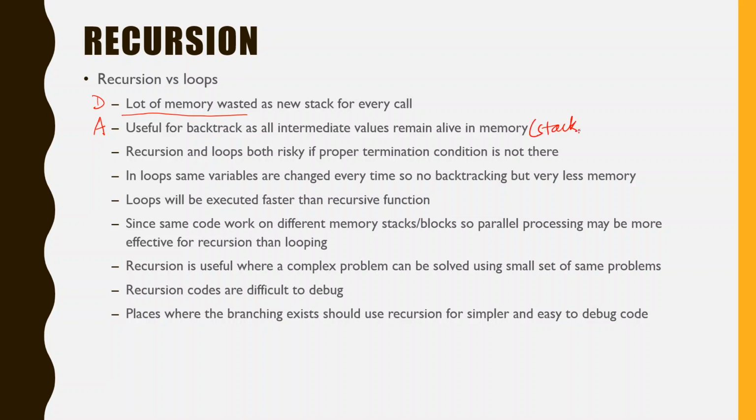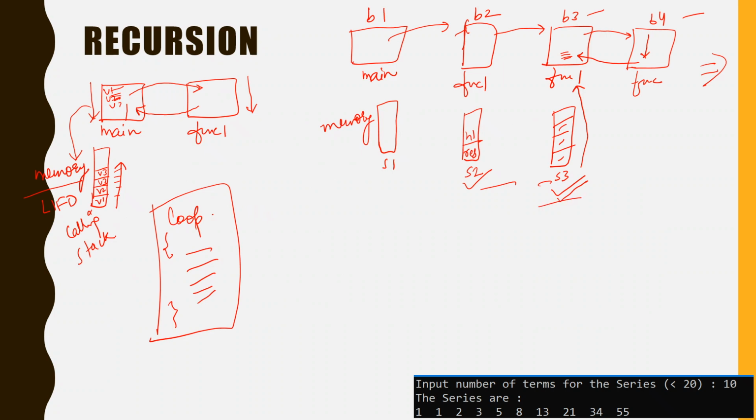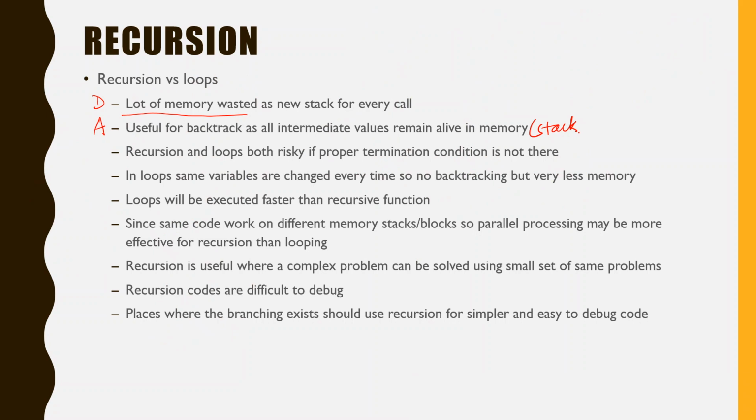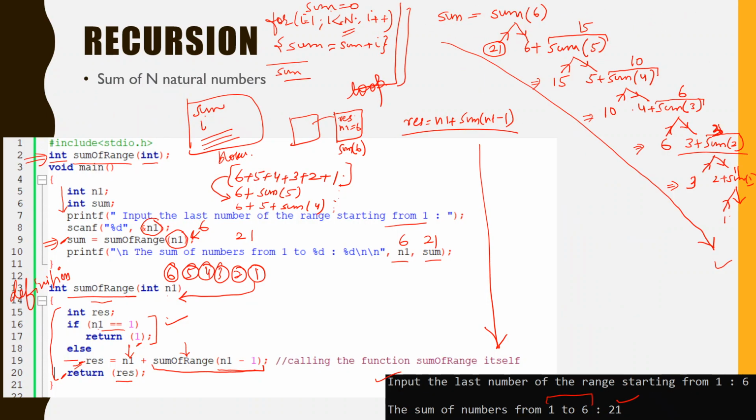So you have seen how backtracking is feasible with the help of recursion, where the intermediate values are stored in the stacks and can be accessed while backtracking. Now, recursion and loops both are risky if a proper termination condition is not there. Like in this example, if we had not written this particular condition, that is where to stop, and had not returned a constant value here, what would have happened?